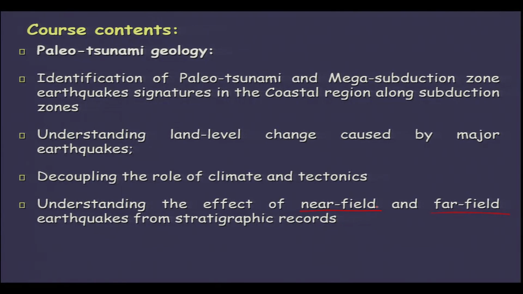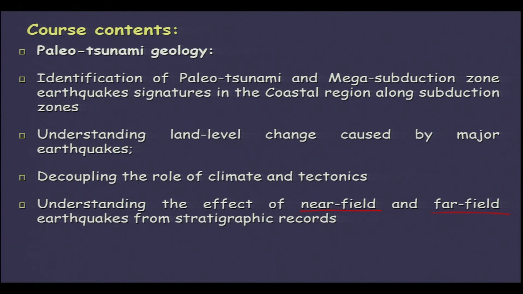So the far field earthquakes and the associated tsunami, which is again a secondary phenomenon, affected our territories, the areas along the Indian Ocean. But near field earthquakes will have a different effect, with much more hazard and risk posed by events taking place near the source.